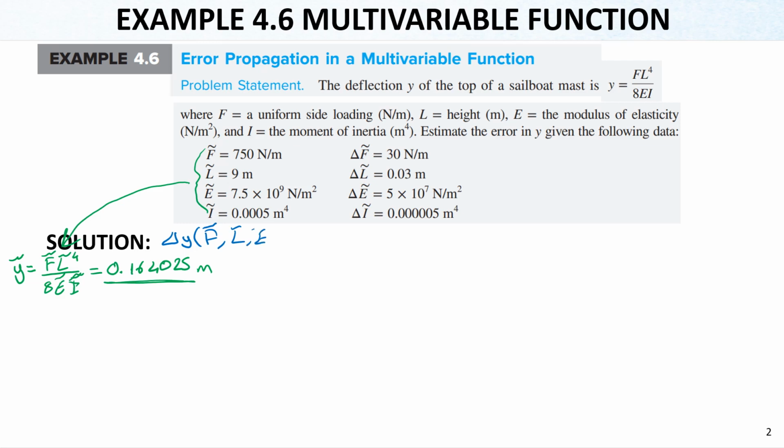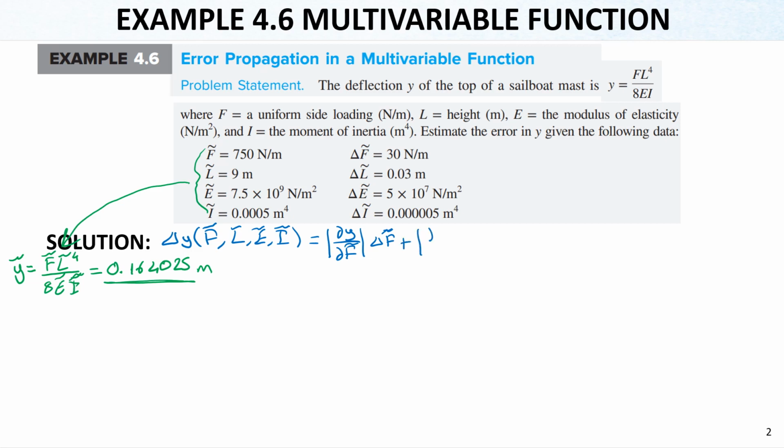We have 4 inputs, F, L, E, and I, and we basically use the partial derivatives in terms of these terms. So here the first term or first variable is delta F, of course these are the predictions, and delta F is the step size or the error. Actually, this step size becomes the error now for this error propagation of using the Taylor series.